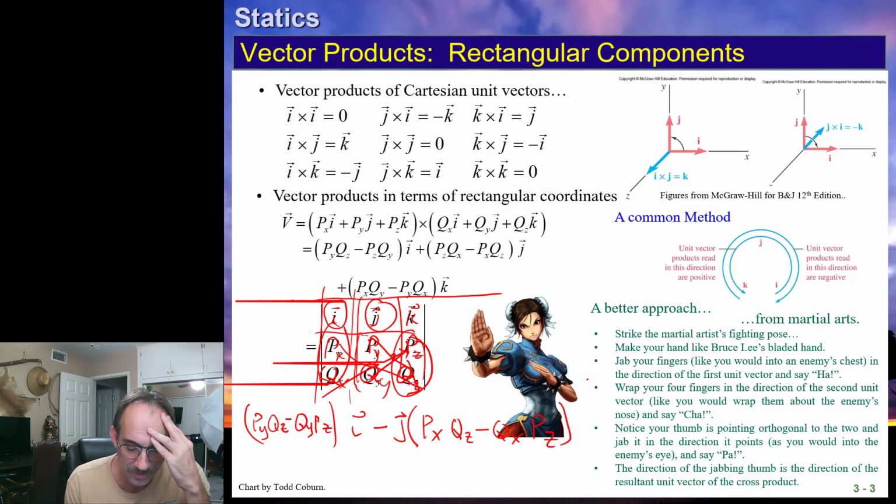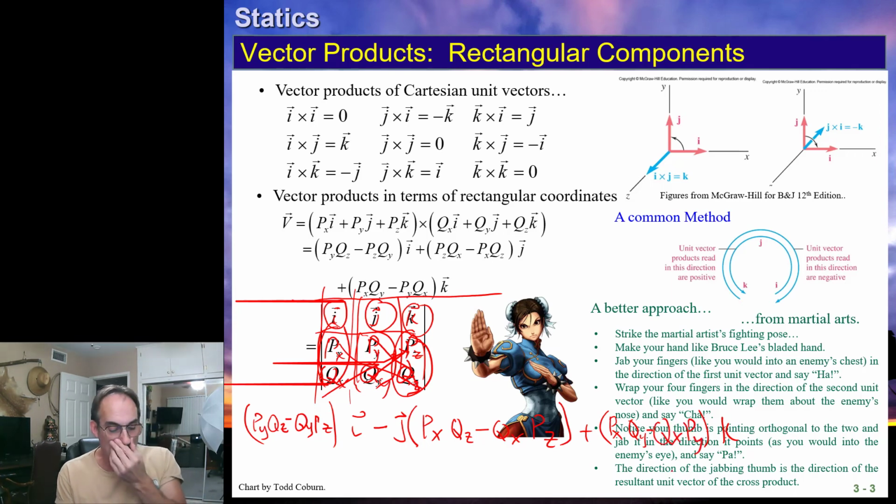And I've got the j to the left, it could be the right, no problem. Plus, and then we do our third one, k, and it's these terms that are left out, so it's PxQy minus QxPy. You'll notice this is the same result as we saw above.